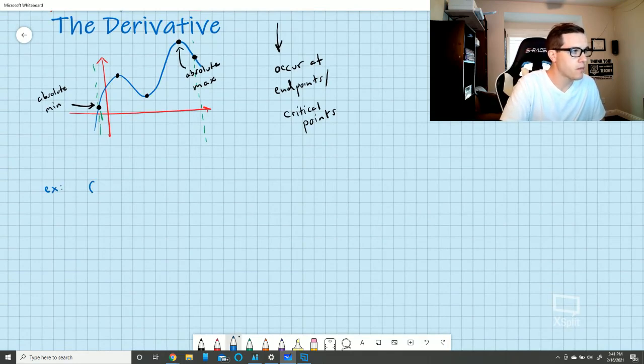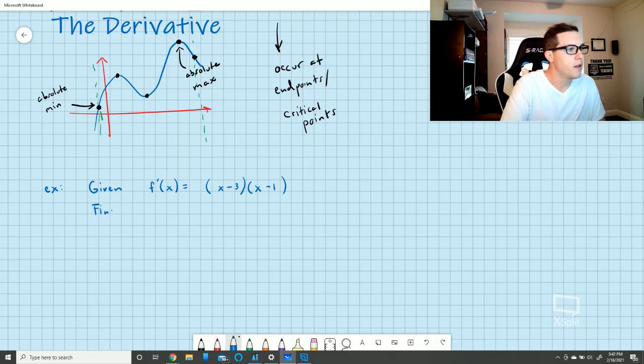Example: I'm going to give you the derivative function, f prime of x equals, I'll give you a really simple one, (x minus 3) times (x minus 1).